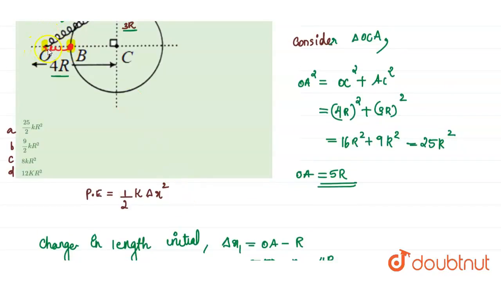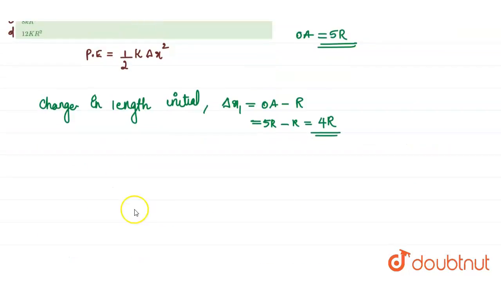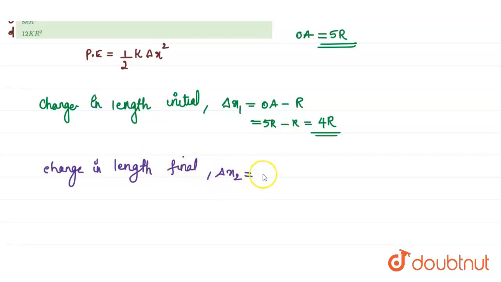What is the final position? The final position is OB. OC is 4R and BC is 3R, so the distance OB becomes R. So the change in length at the final position, let it be delta x2, is OB minus R, the natural length of the spring.